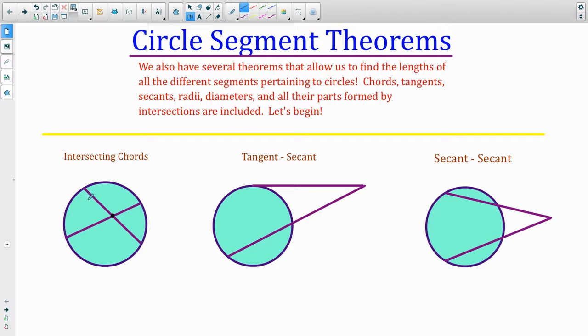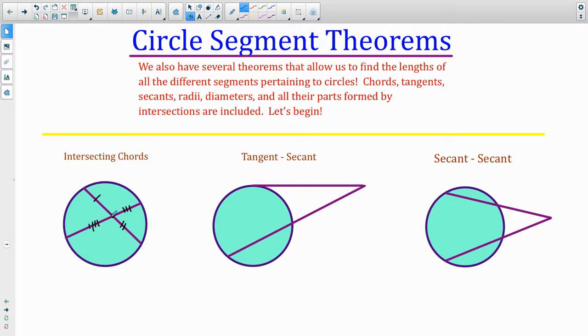So when we refer to the parts of two intersecting chords, we're going to be talking about, say, that part there, and we're going to be talking about this part here, which could be completely different from each other. However, they were the same chord, and now they're two different parts of that chord. And then we have this part over here and this part over here, which again were a part of the same chord.